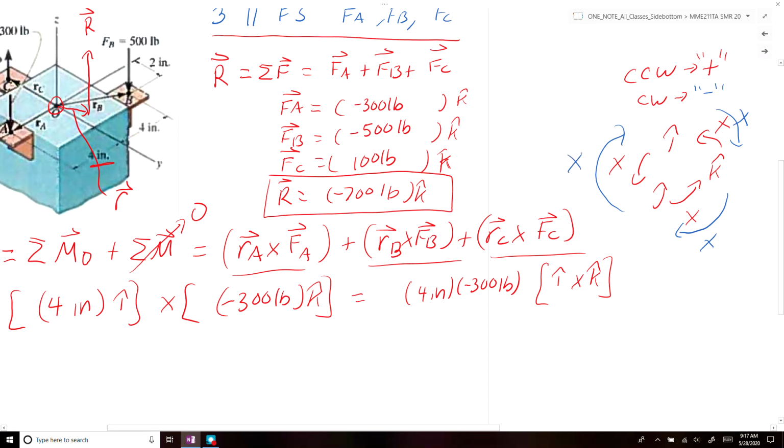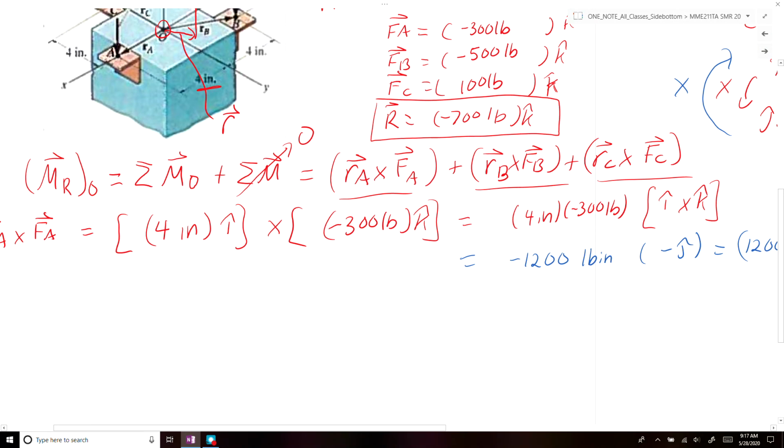And that's it. So what we end up getting here is minus 1200 pound inches times I cross K. We would get a negative J hat. So what we end up getting is 1200 pound inches times the unit vector J.